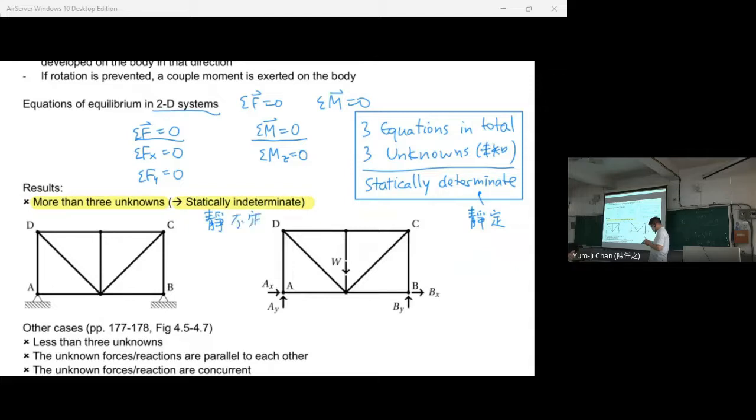It means we cannot solve this problem by those 3 equations.